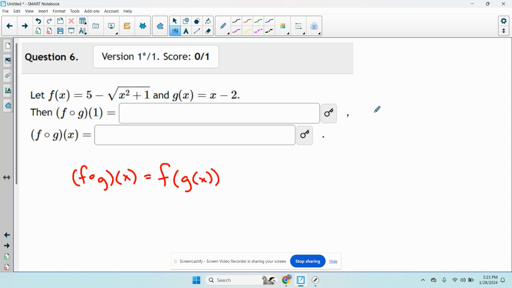So if I want f composed with g of 1, that's f of g of 1. So find g of 1. Plug in 1 here, you get 1 minus 2, which is negative 1. So this is f of negative 1, which is 1 plus 1. This is 5 minus root 2, it looks like.